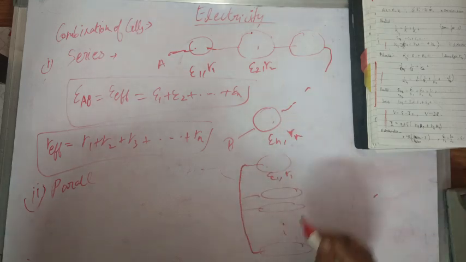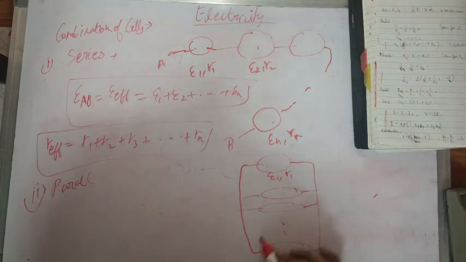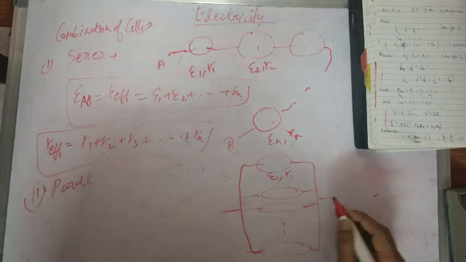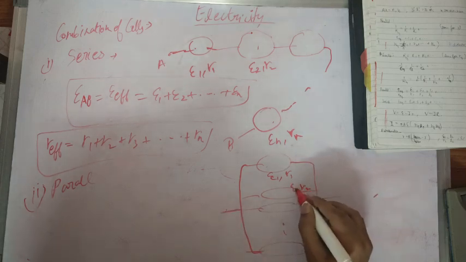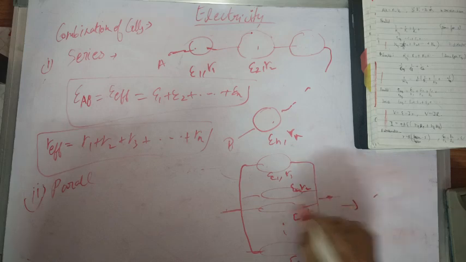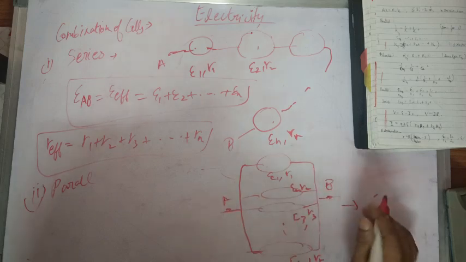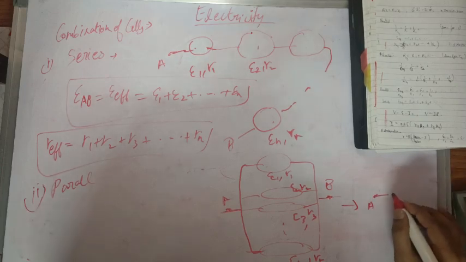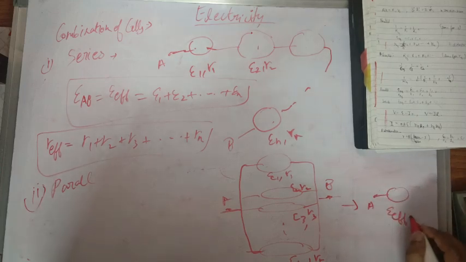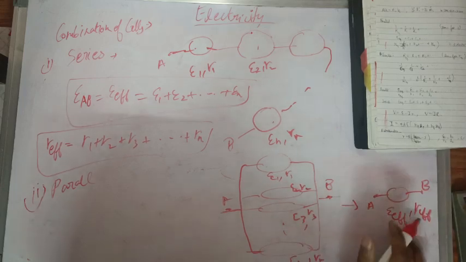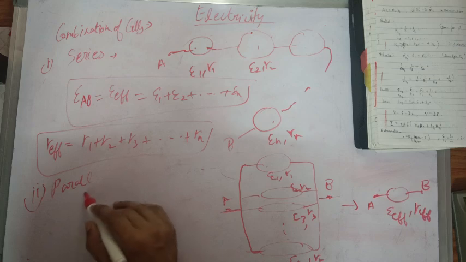These all are connected together in a circuit, and this is R2, E2, E3, R3, and this is En, Rn. So this whole combination can be replaced by a single cell with E effective EMF and R effective internal resistance.